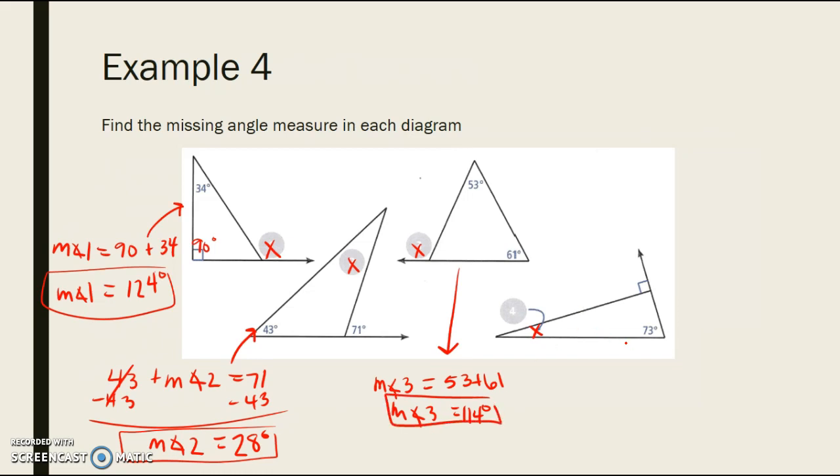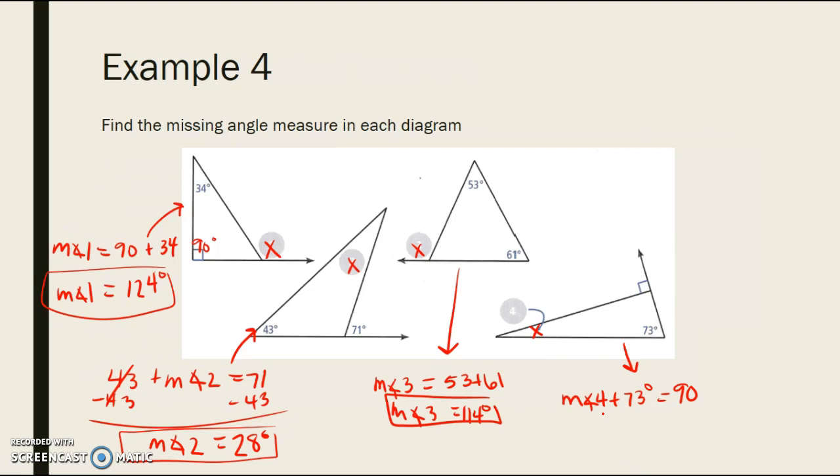When we look at angle 4, again, it's a non-adjacent interior angle, so we know that the measure of angle 4 plus 73 degrees will equal, we've got the square, which means we're equal to 90.